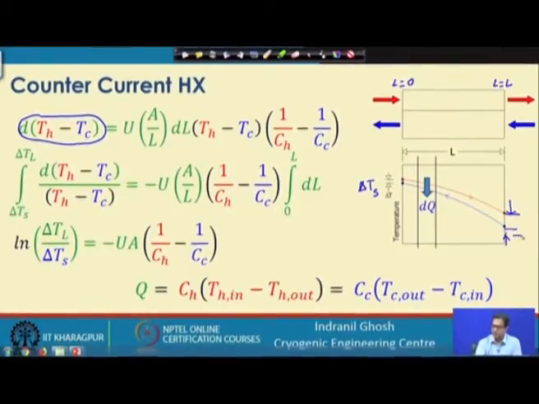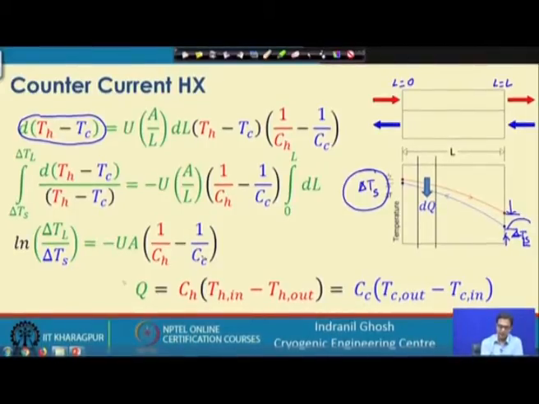This is because we have assumed CH is greater than CC, so delta T is smaller on this side and delta T large on this side. If we integrate over this length, we find that the natural log of delta T large divided by delta T small equals minus U A into 1 by CH minus 1 by CC.